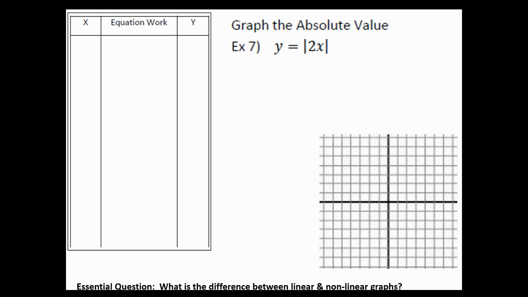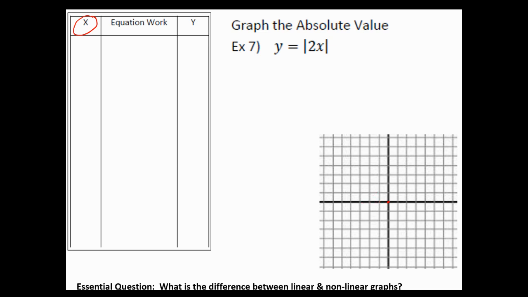So again, if you're going to be taking a test for college or the military, when you choose a number to put in your T-chart for x, you can pick any number that you want. But if you're looking at the grid over here, we would want to choose 0 and then numbers to the right, like 1, 2, 3. And you also want to choose numbers to the left of 0, like -1, -2, -3.